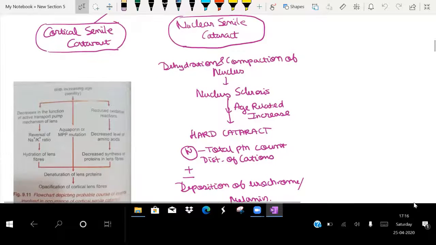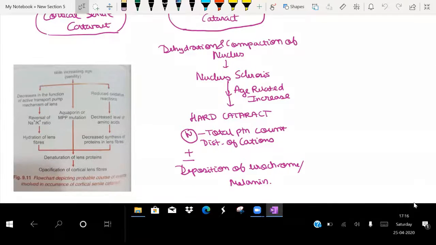In cortical senile cataract, with increasing age or senility, there is a decrease in the function of the sodium potassium pump that we saw. Plus, there is a protein called aquaporin or MIP, which is also responsible for lens transparency.